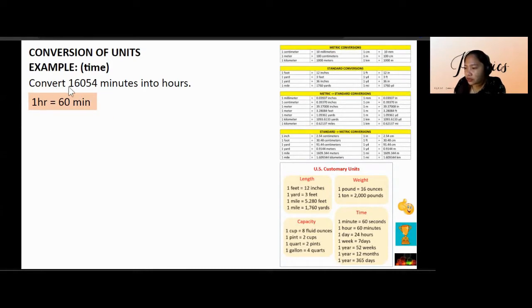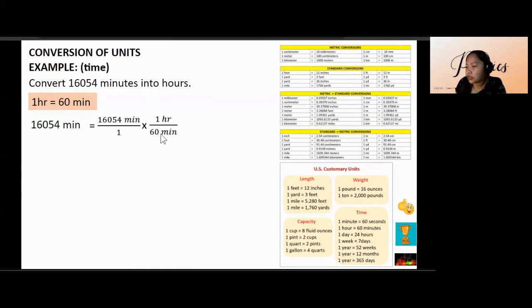And for us to convert, we will have to write first the number that we want to convert. So that's 16,054 minutes. And we need to multiply it with a conversion factor. So change the conversion factor into a fraction form. So 16,054 minutes times the fraction form of our conversion factor.